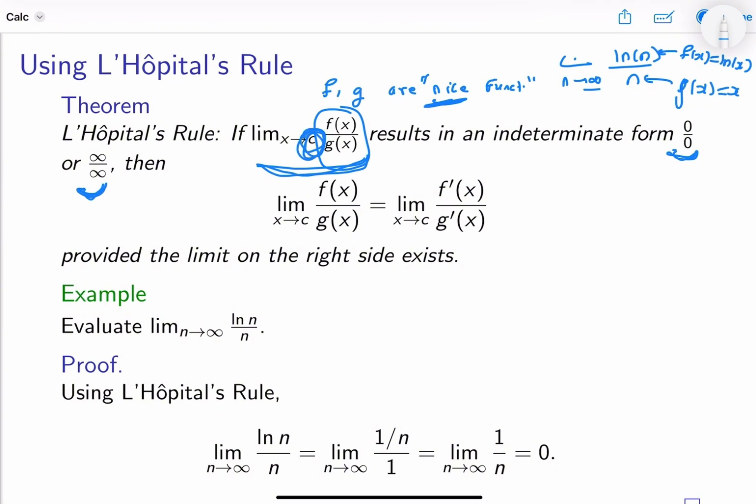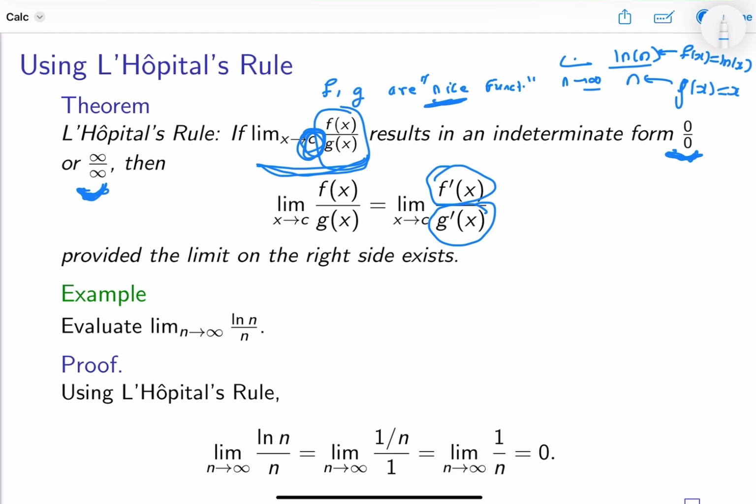If you evaluate x at the point that you're trying to take a limit to, and it gives the form 0 over 0 or infinity over infinity, then what the theorem is saying is that the limit of this ratio is the same as the limit of the derivative of the numerator over the derivative of the denominator.